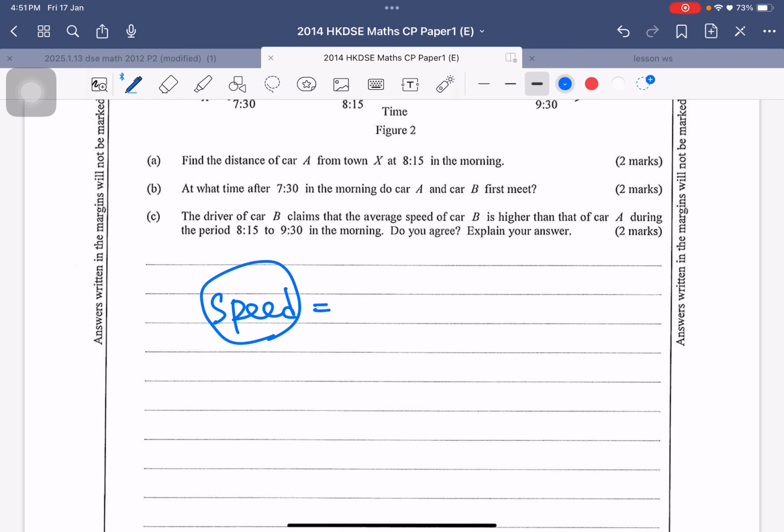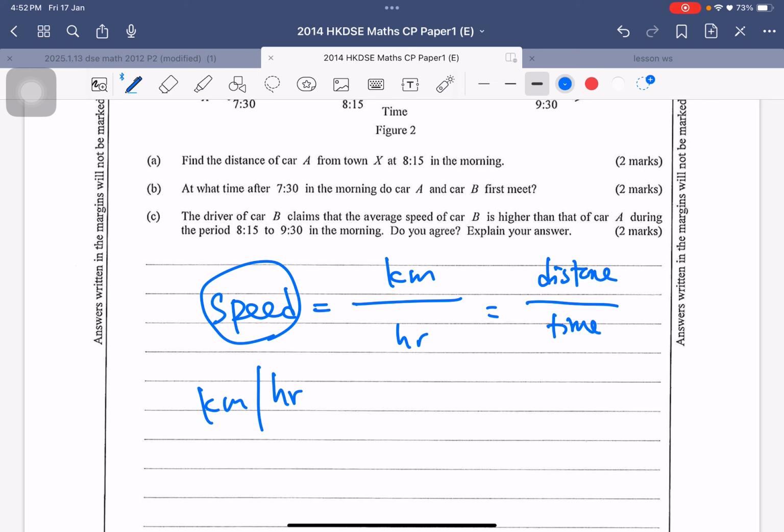Kilometers per hour. Oh, you remember this? That's good. So kilometer per hour, per means divide, isn't it? Kilometer is the unit of what? Distance. Distance over time.